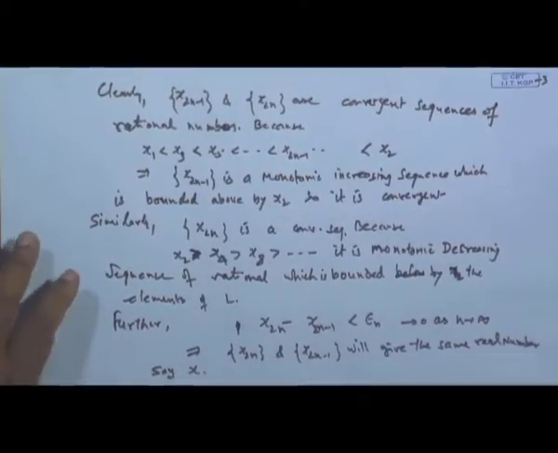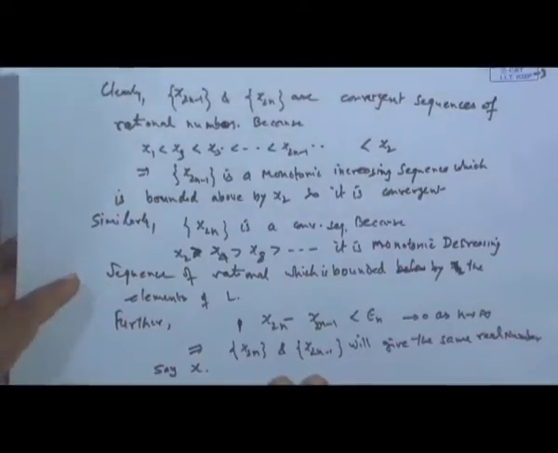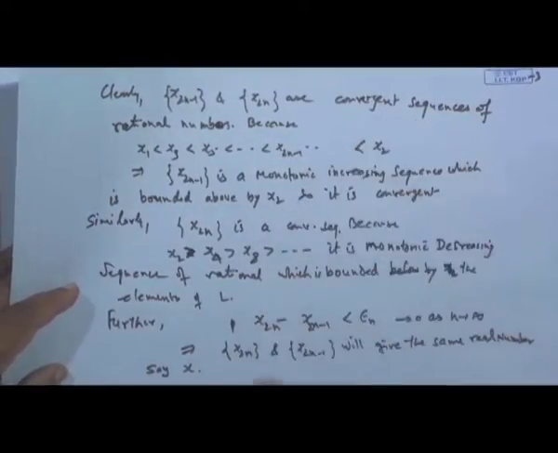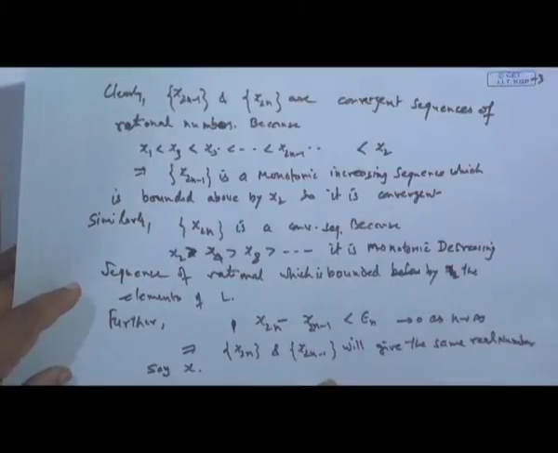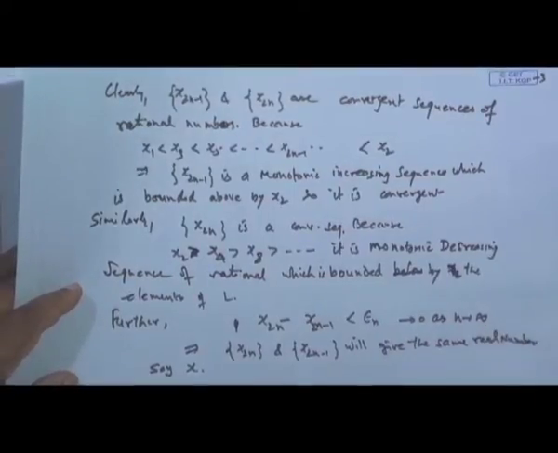Is it okay? Now, with the help of this section we have generated a sequence, and now we claim that this section, if you take any element in the lower class, then if L does not have a least upper bound, the element of the lower class will be less than the element of the upper class, and so on.